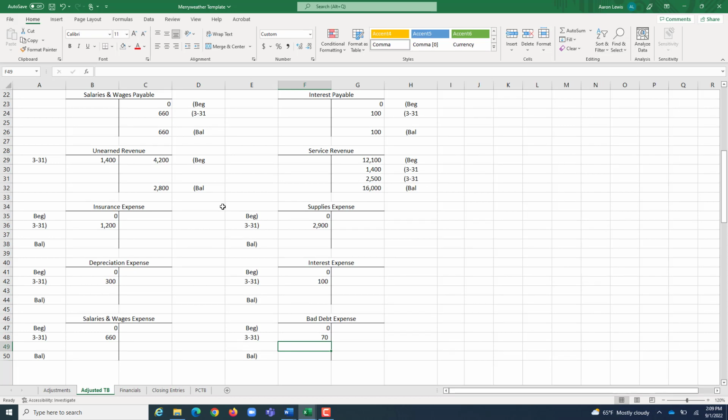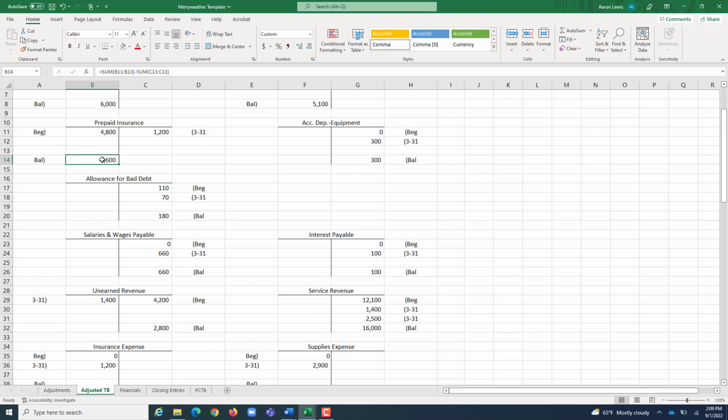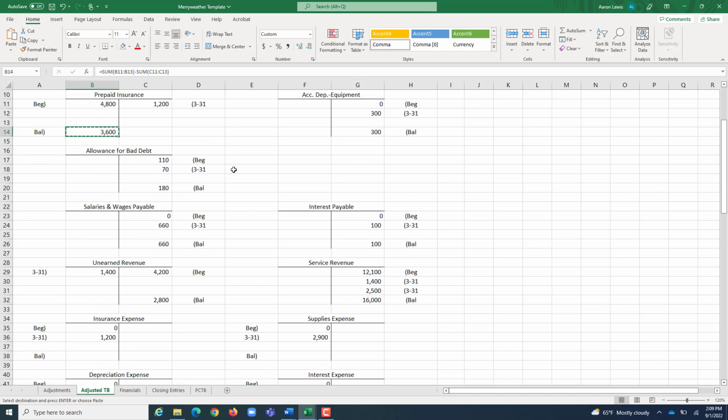Now we got to find the balance of all of these T accounts that we have down here. We can do this all in one lump sum. Expense accounts, just like asset accounts, have a debit balance. So the formula that we use for prepaid insurance is going to work for those expense accounts. If I right click and I hit copy, I'm getting ready to copy that formula.